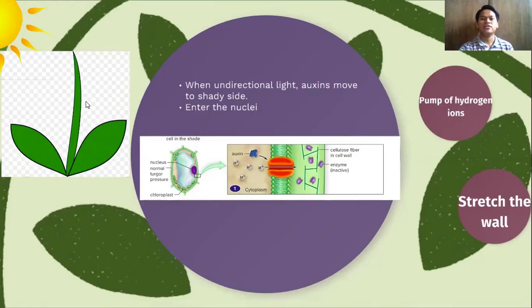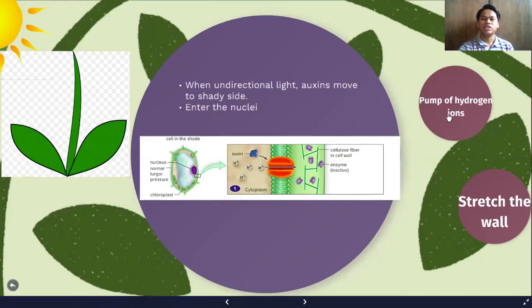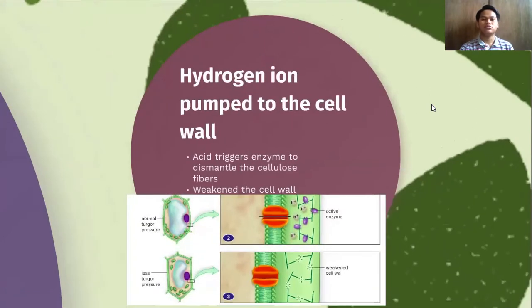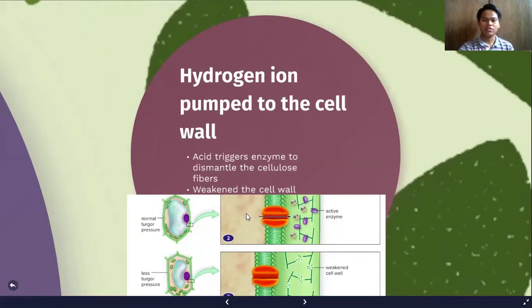When it enters the nuclei, the pump of hydrogen ions will occur. So hydrogen ions are pumped to the cell wall. This causes acid to trigger enzymes to dismantle the cellulose fibers, which will weaken the cell wall. We can see the hydrogen ion is pumped to the cell wall and causes it to dismantle. So the cell wall becomes weaker.